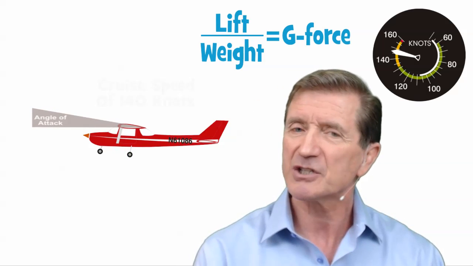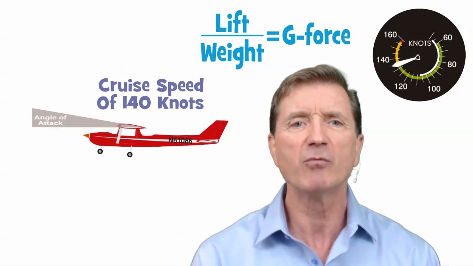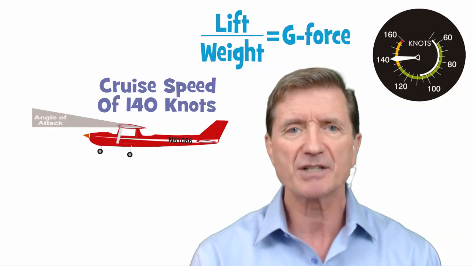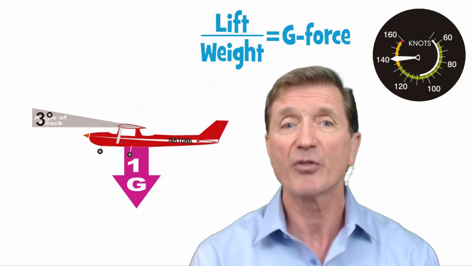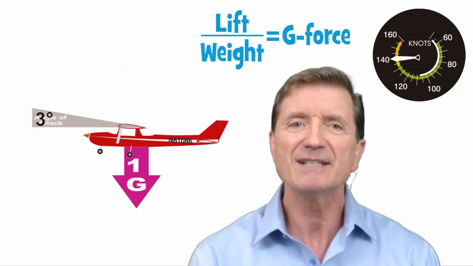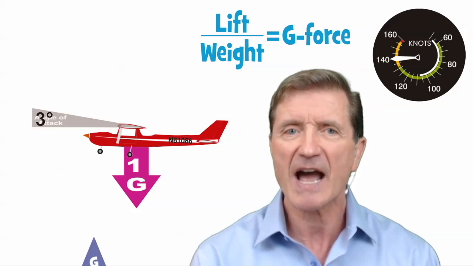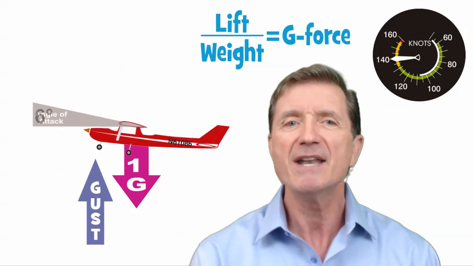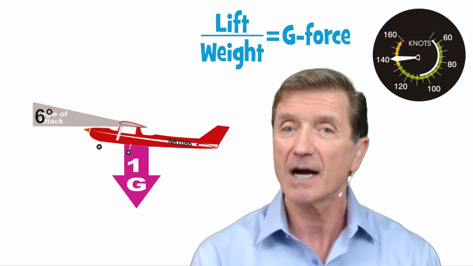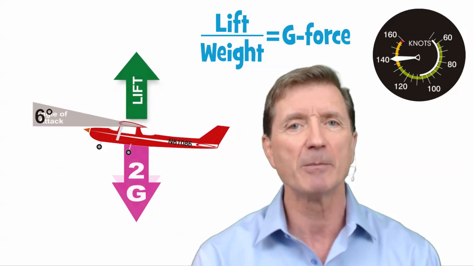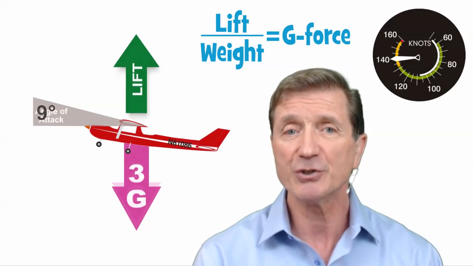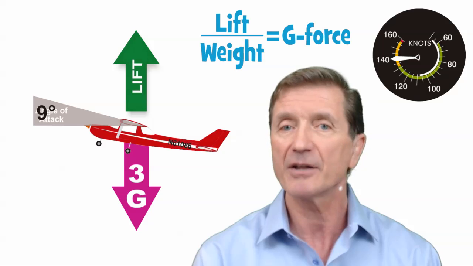Let's assume our airplane is flying at a cruise speed of 140 knots, a relatively fast cruise speed. The airplane and its contents experience 1g at an angle of attack of 3 degrees for level flight in this condition at this speed. Suppose a sudden gust increased the angle of attack by an additional 3 degrees. Now the wing's original angle of attack has doubled to 6 degrees. Consequently, lift suddenly doubles, producing 2 Gs. A sudden increase in angle of attack to 9 degrees triples the lift and the G-force.